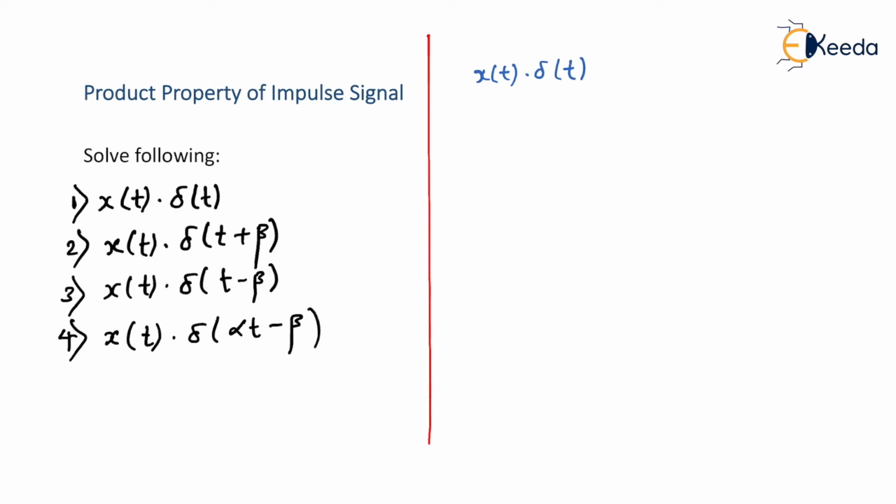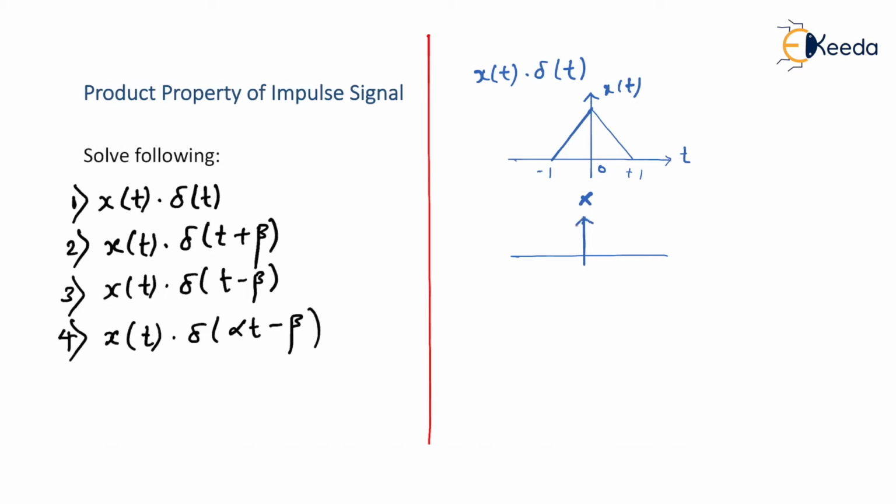Let us assume the lower limit of the signal is -1, the upper limit is +1, and this is 0 with respect to t. So some arbitrary signal x of t is drawn with respect to time, and let us assume this is now getting multiplied with the del of t signal, which is the unit impulse signal.